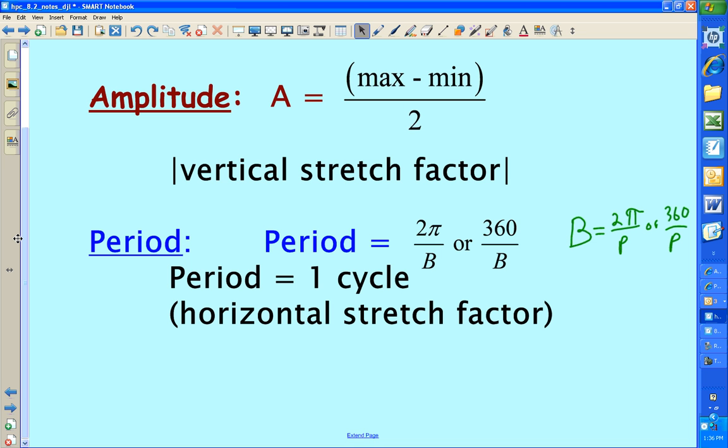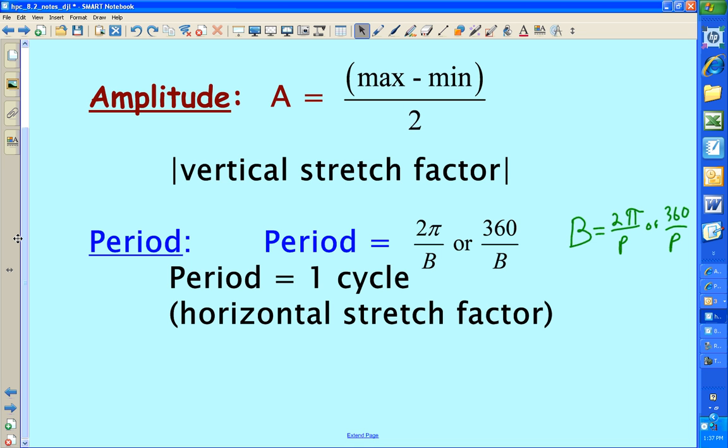So if I'm giving you the function and you want to do the graph, you're going to need 2 pi or 360 divided by B in order to figure out what your new period is going to be. If I give you the graph and ask you to write the function, you need to know what B is.